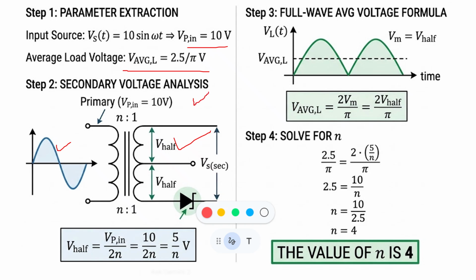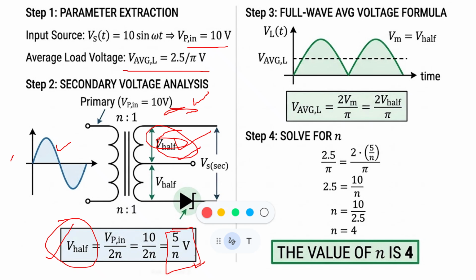Primary peak voltage is 10 volt, and the voltage that will appear across this half, you can use V1 by V2 equal to N1 by N2. With the help of that equation, if you put all those values, you will get 10 by twice of N, that is 5 by N, across this half of the rectifier, right?